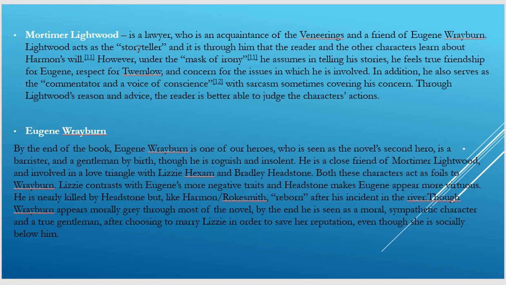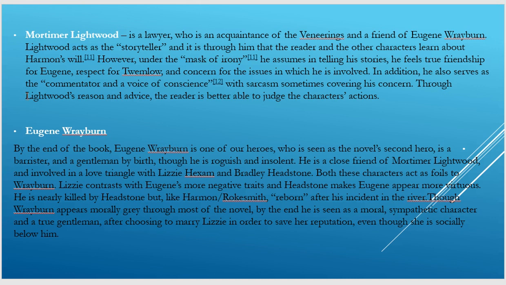Mortimer Lightwood is a storyteller and the reader of other characters. At the same time, under the mask of irony he assumes in telling his stories, he feels true friendship for Eugene.